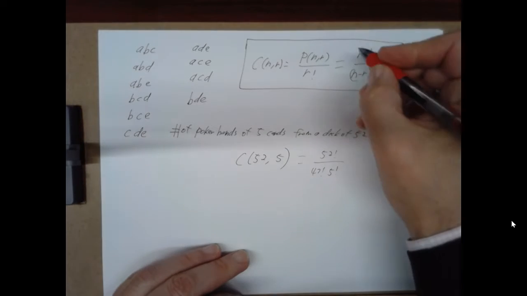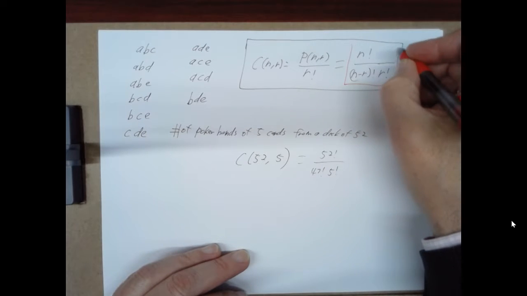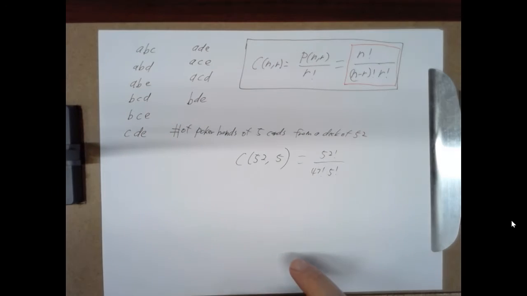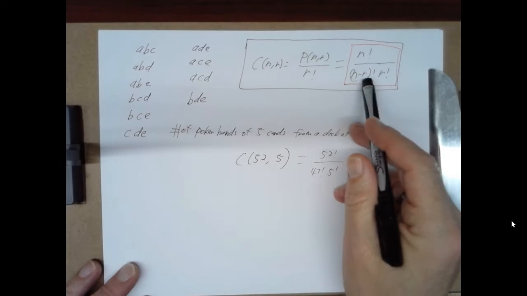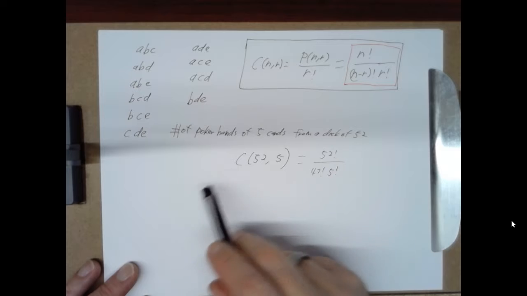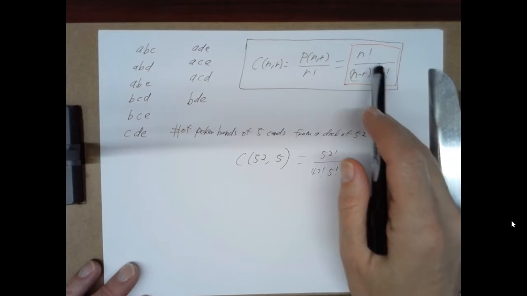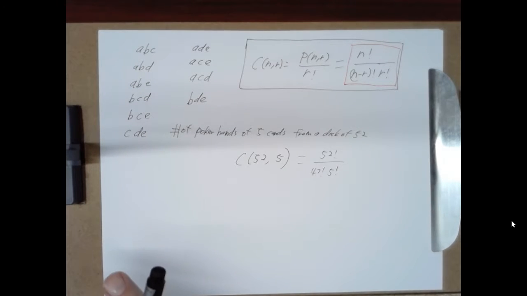And this is kind of interesting. I don't know of an intuition why this should always be an integer. Right? N factorial divided by something smaller factorial, we can just cancel out the first n minus r terms. But the fact that this remaining factorial will evenly divide whatever you're left with up there is not totally obvious.